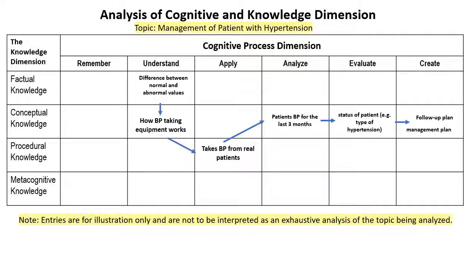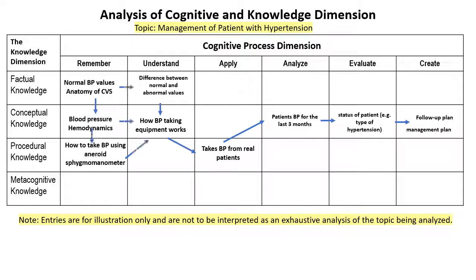You have to differentiate this from steps in taking blood pressure. And at the remember dimension, you have normal BP values, anatomy of cardiovascular system, blood pressure, hemodynamics, how to take BP using aneroid sphygmomanometer.